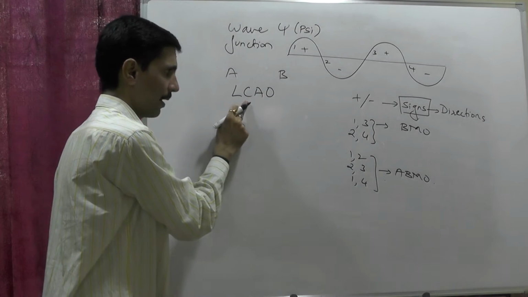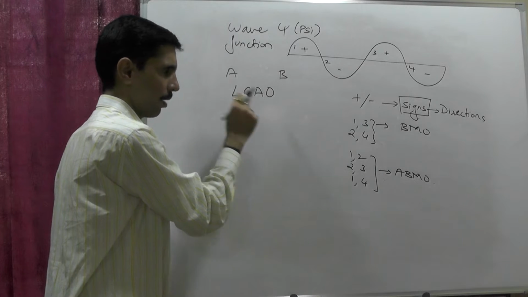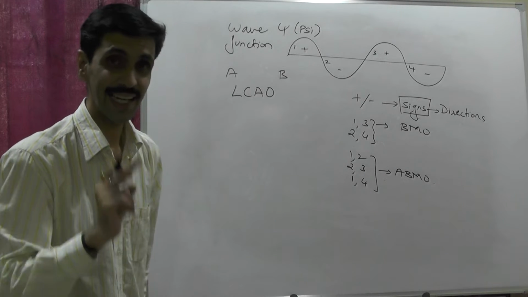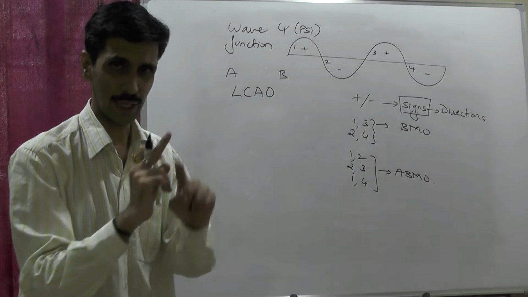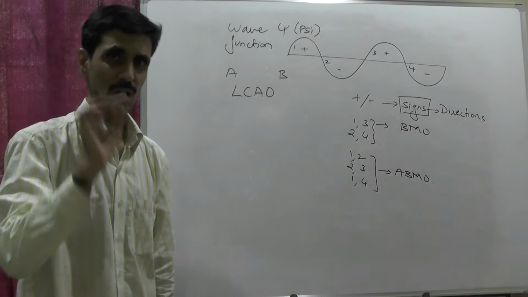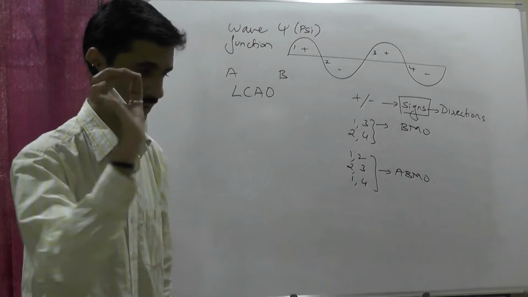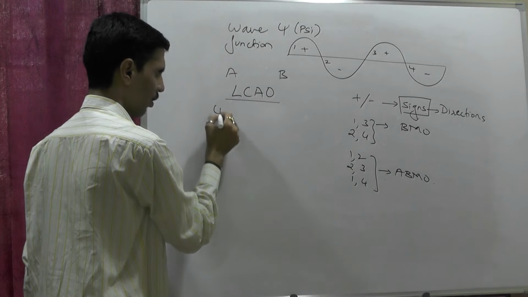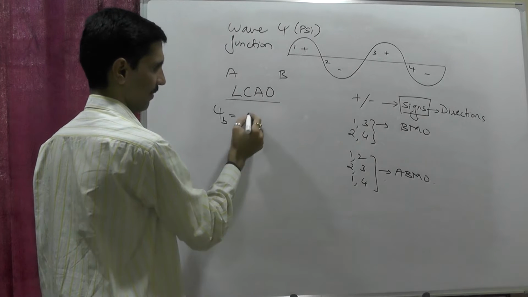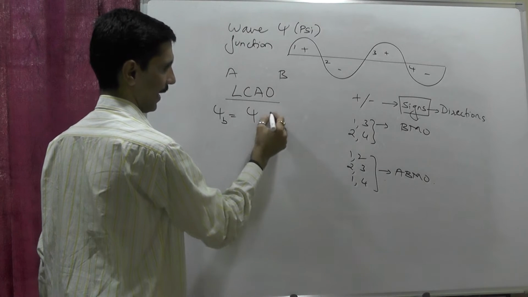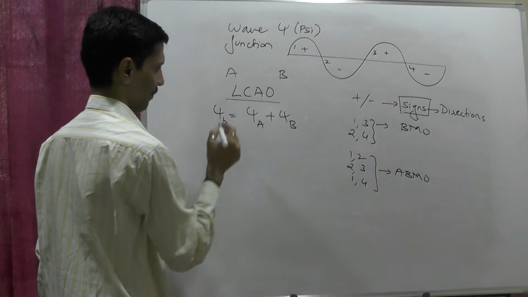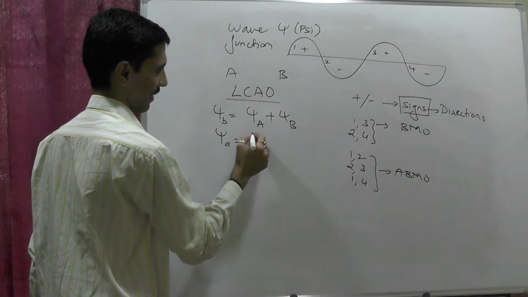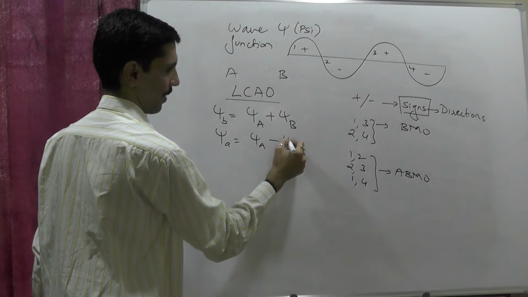Linear combination of atomic orbitals, a linear 1:1 combination of atomic orbitals. On the basis of this LCAO, we write psi b is equal to psi a plus psi b, and psi a is equal to psi a minus psi b.